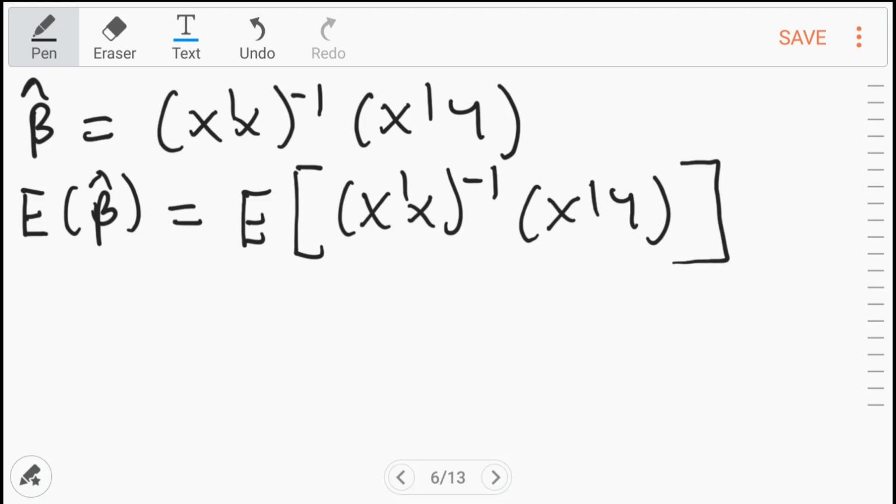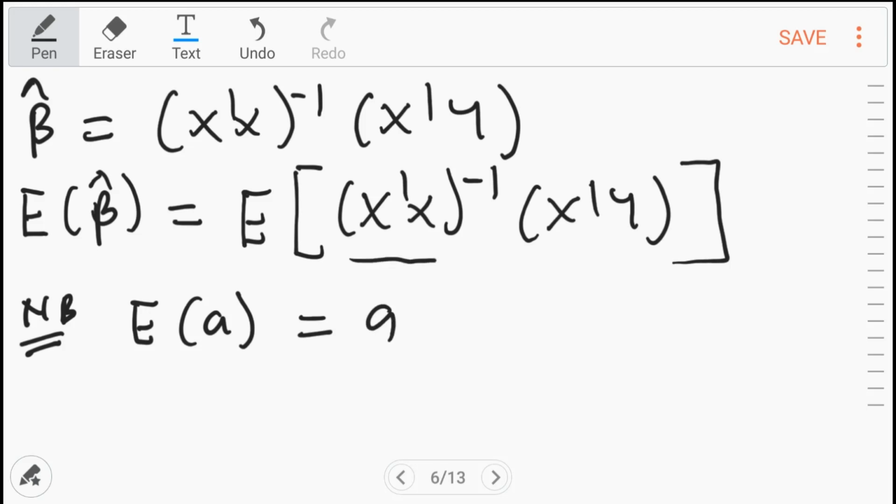Now because our x is constant, you have to note that the expected value of a constant, let's say a, is the same as that constant a. So if you are considering this whole matrix as a constant, or a matrix which is not random, and if this x prime is also not random, then if you find the expected value, you are supposed to get the same matrix.